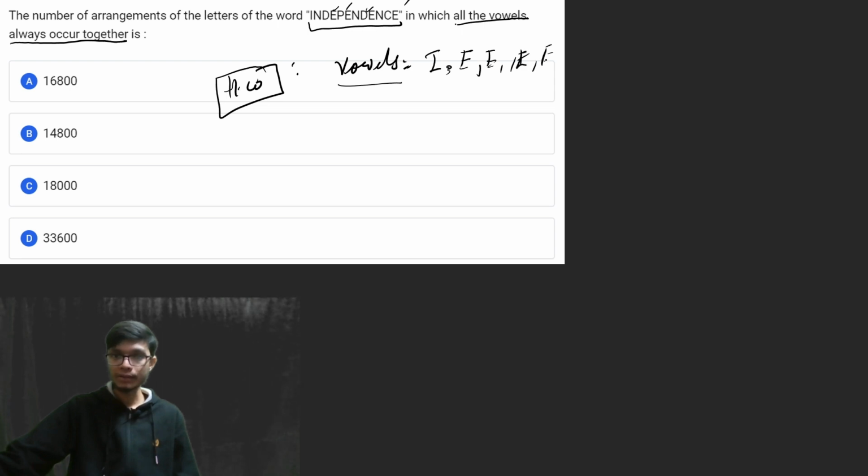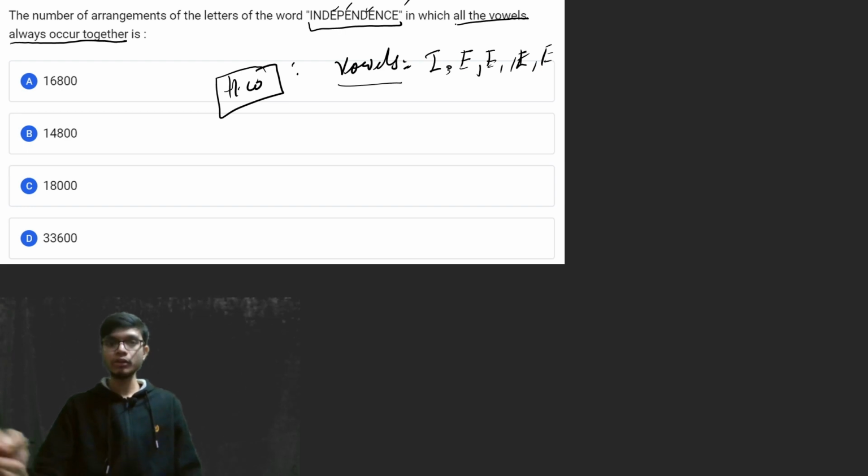So the total number of words minus the number of words in which all the vowels are together will directly give you the answer.